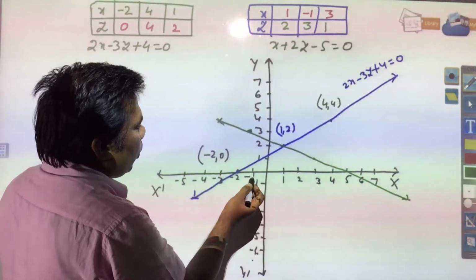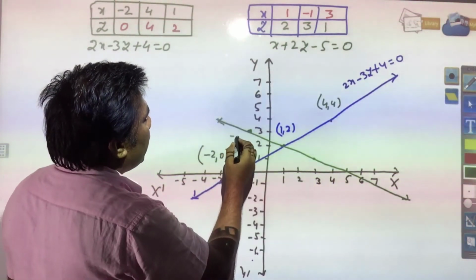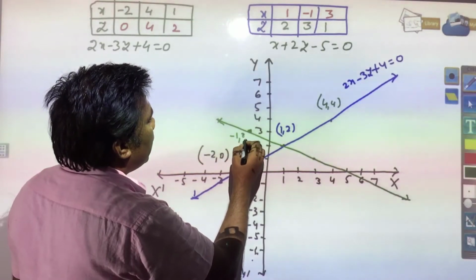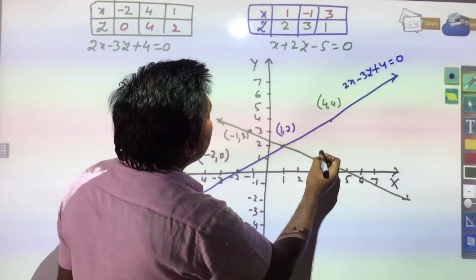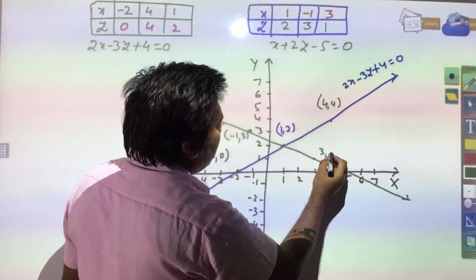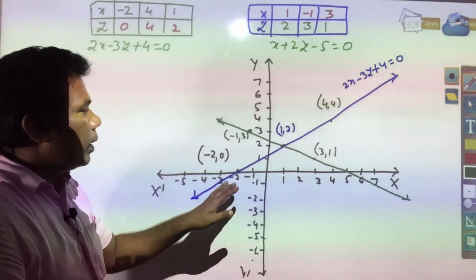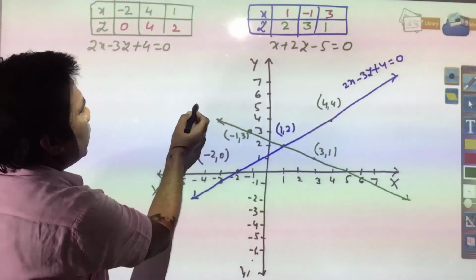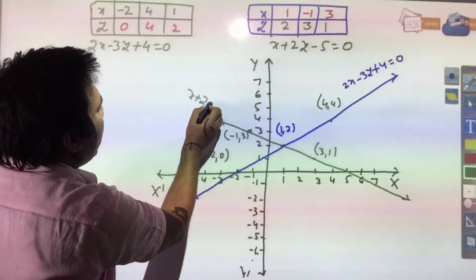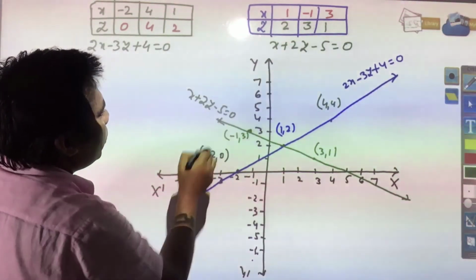Here you see your coordinates were minus 1 and 3, here you have 1 and 2, and here you have 3 and 1. Now, two lines you have already plotted. This line you have got for the equation x plus 2y minus 5 is equal to 0.